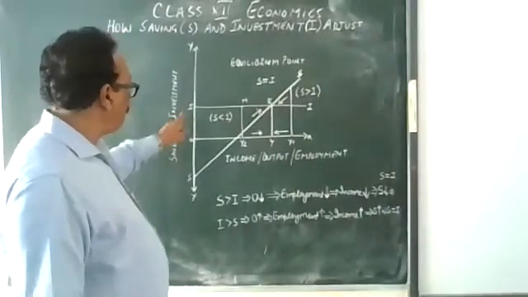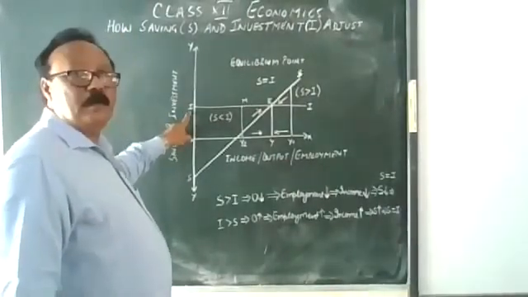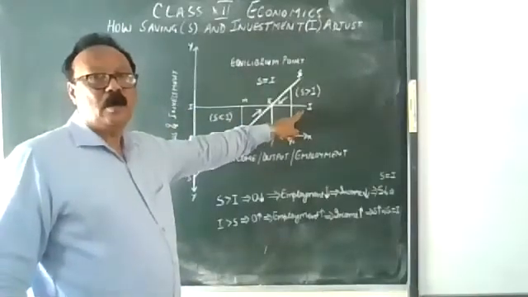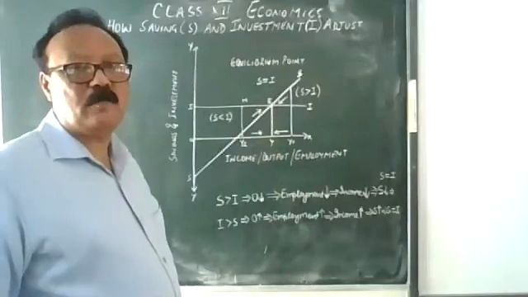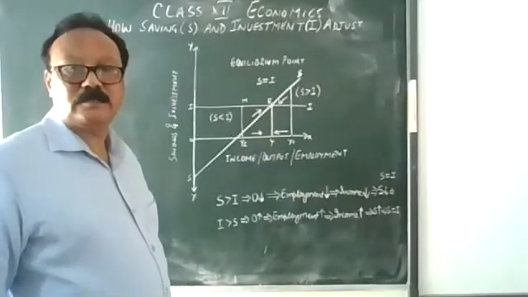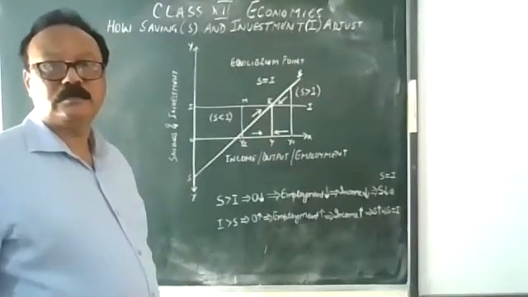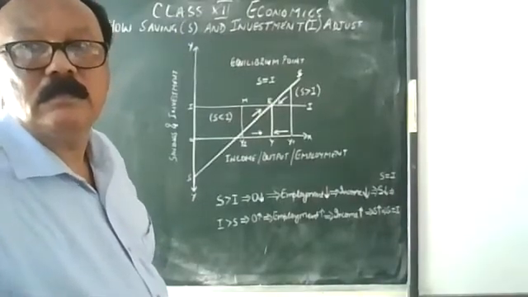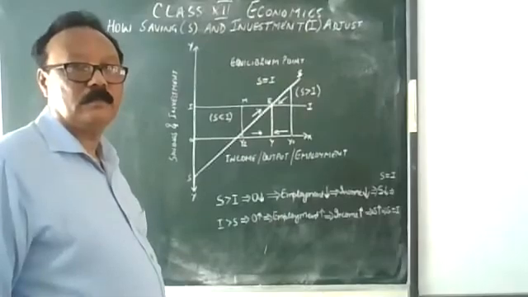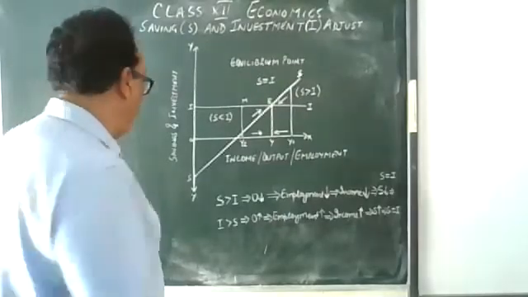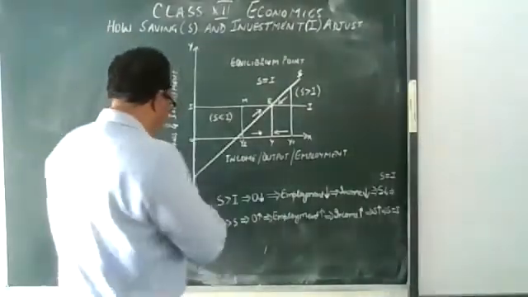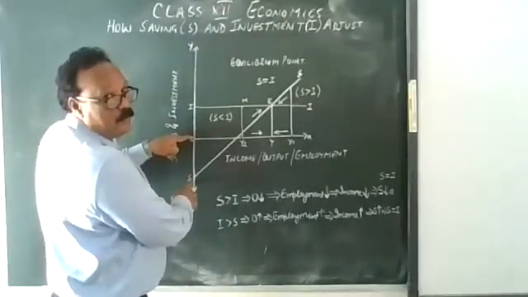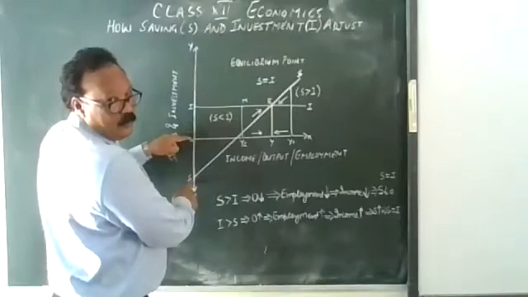Then we have the investment curve, which is a horizontal curve, parallel to the x-axis. And we have the saving curve beginning from below the point of origin, 0.